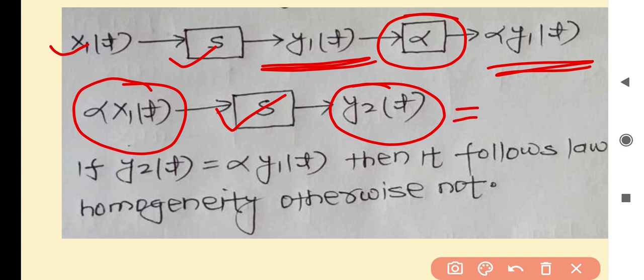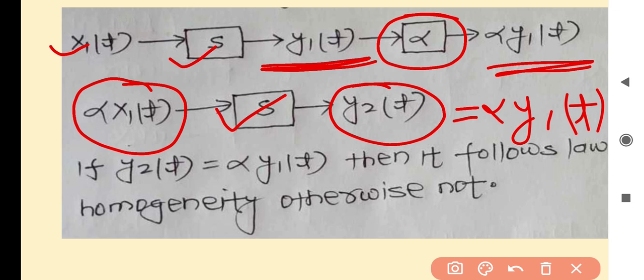If this output y2 is equal to alpha into y1(t), then we can say that this system follows the law of homogeneity. Otherwise it is not a homogeneous system.